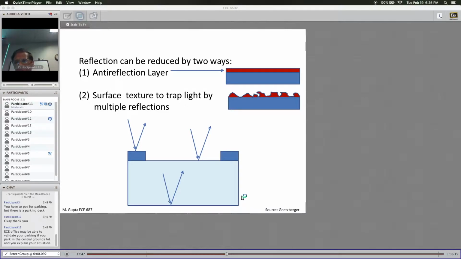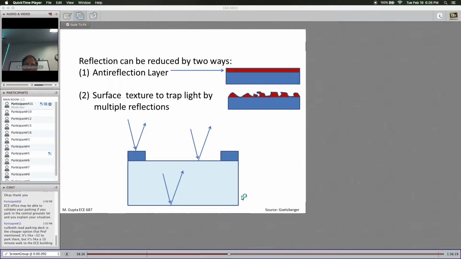So blue in this diagram is your silicon and the red is anti-reflection. And by putting anti-reflection, you can reduce the reflection. The question always comes up, how much do you reduce, and we'll discuss that. The other way to reduce the reflection is to roughen the top surface of the silicon. So when the sunlight falls, it gets scattered and gets trapped by the roughness, and that also enhances absorption. Okay.